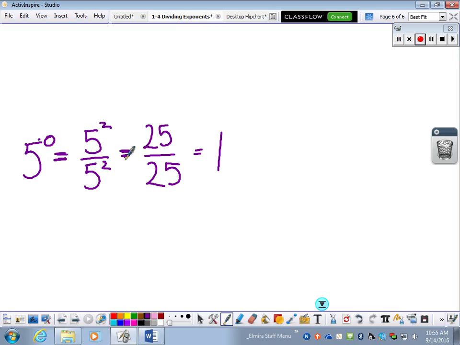That means transitive property means that I can pick any 2 things in the chain and say that they are equal to each other. Any two items in the equals chain, and I can set them equal to each other. I can set this equal to this. Okay, so anything to the 0 power equals 1.